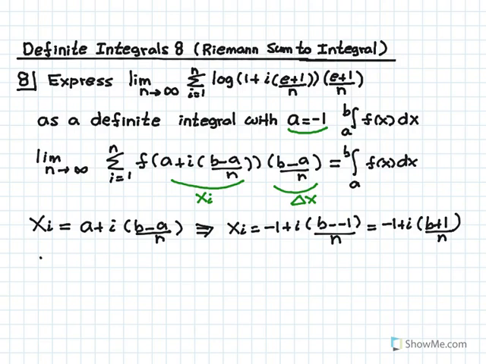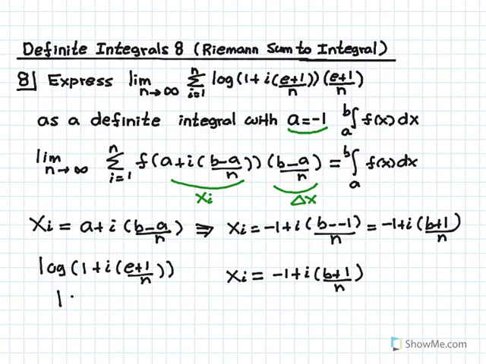So our goal is to write log of 1 plus i times (e plus 1)/n in such a way that xi equals negative 1 plus i times (b plus 1)/n is inside the log function, inside here.